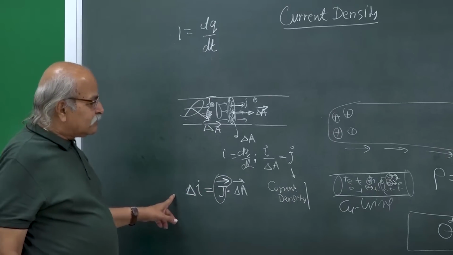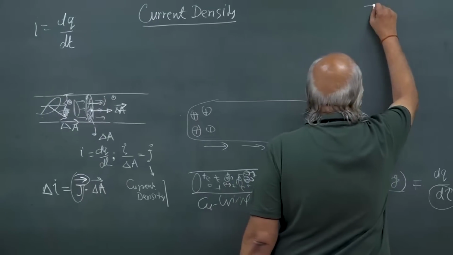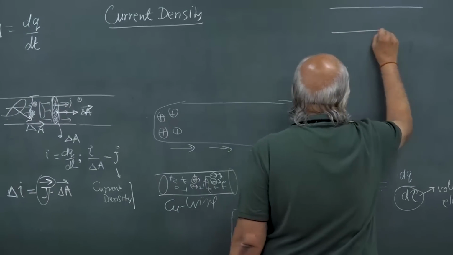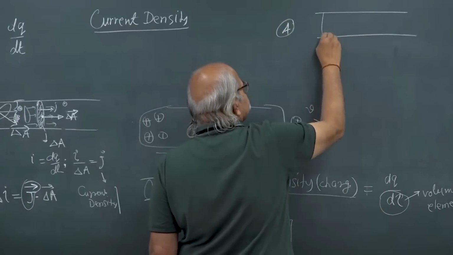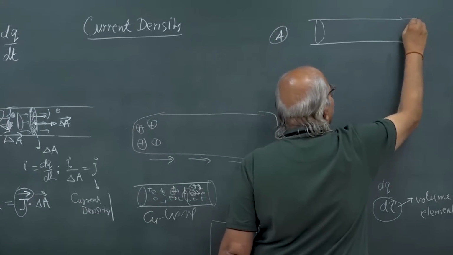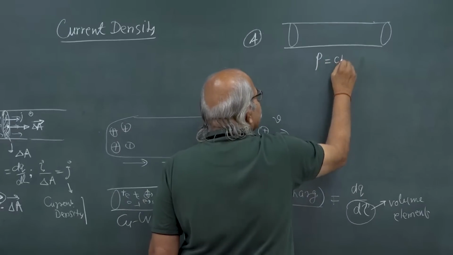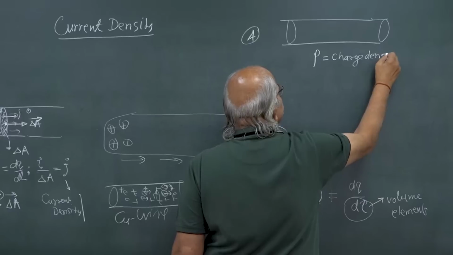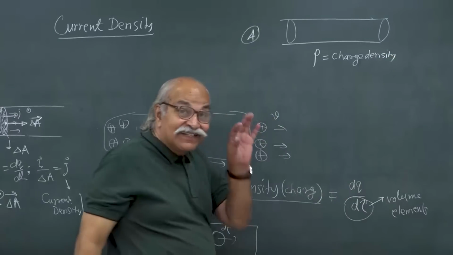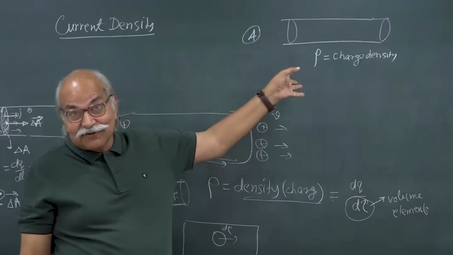So let me take a case. Suppose you have a wire of some cross sectional area A, and you have rho, the charge density of the charge carriers. That means if it is a metallic wire, it is basically free electrons.